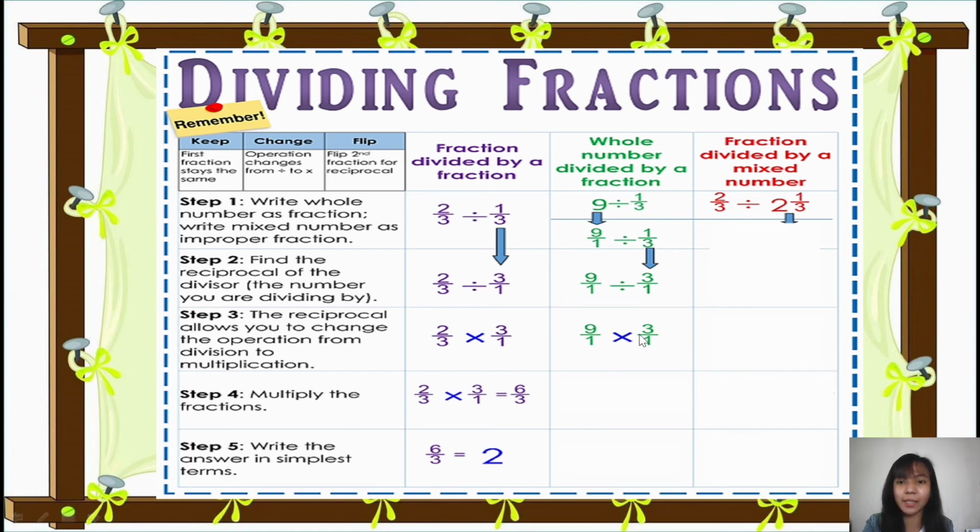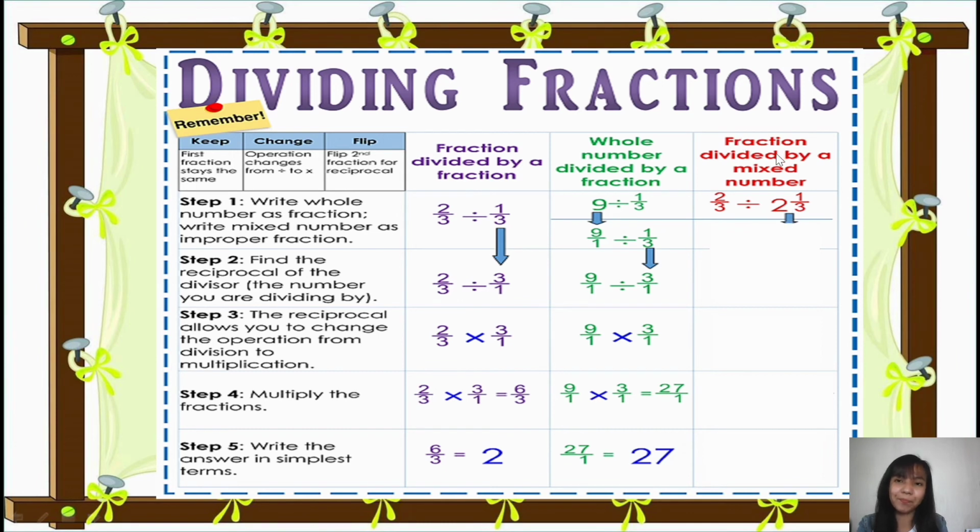So 9 times 3 equals 27. 1 times 1 is 1. And then simplify your answer. 27 over 1, or 27 divided by 1, is 27. Our answer is shaded in color blue, 27.